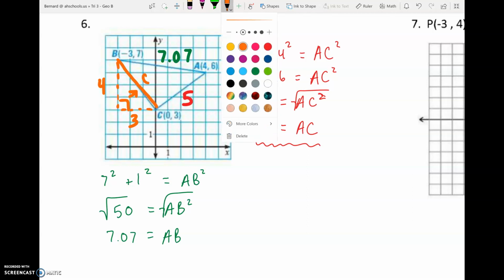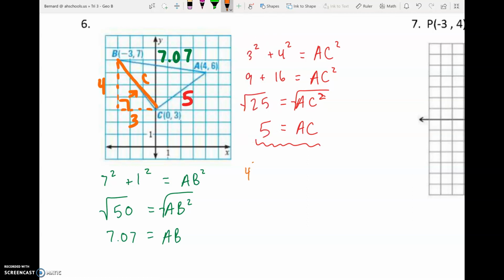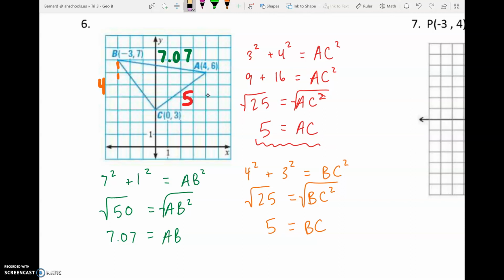And so we will do 4 squared plus 3 squared, and that's going to equal our BC side squared. And so 4 squared plus 3 squared is going to give us 25, just like it did in the red up above. So then we're going to square root the 25 to get our side BC. It's going to tell us that side BC is also 5, just like the red side was. So I'm going to write that on our picture now.